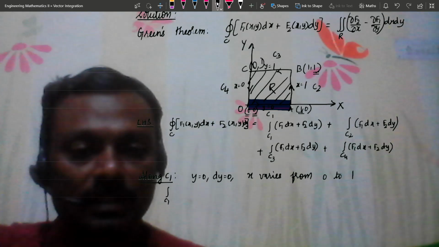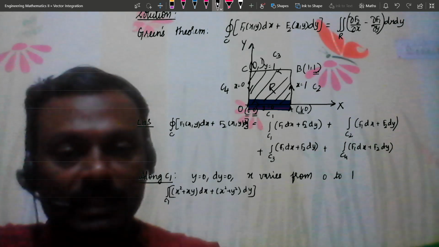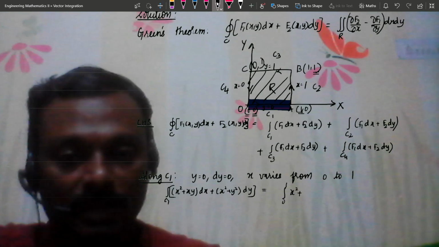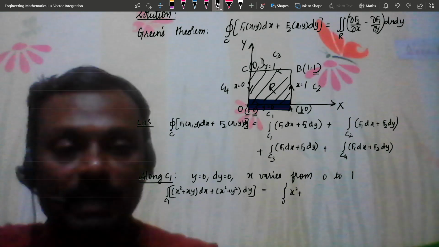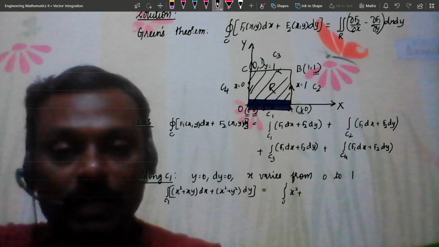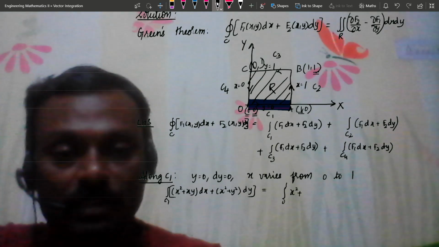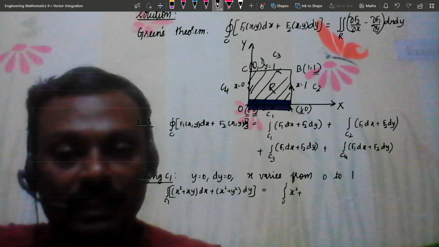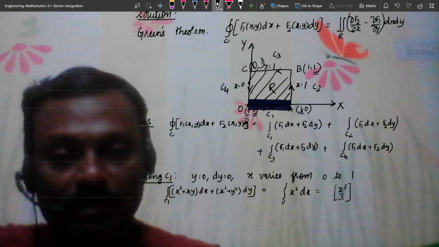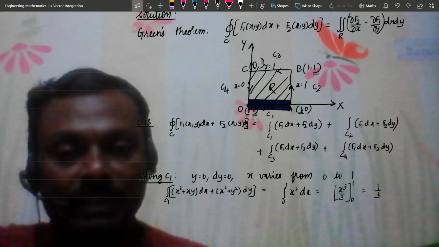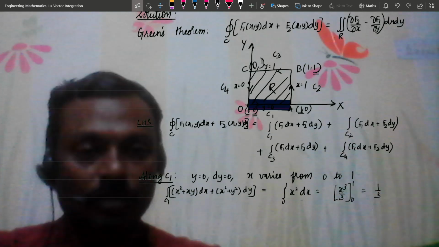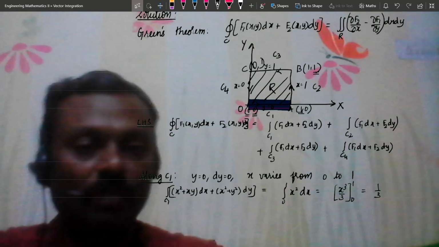Therefore along C1, wherever y comes, we replace it by 0, and dy is also 0, and we retain x. So the integral takes the form x squared dx. On integrating we get x cubed by 3 between the limits 0 to 1. So on applying the limits we get 1 by 3.